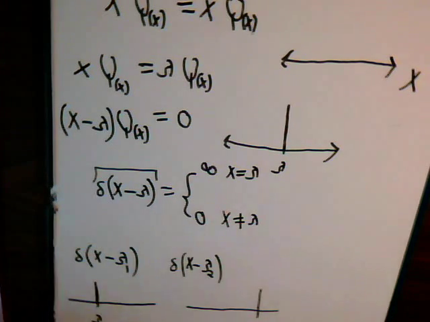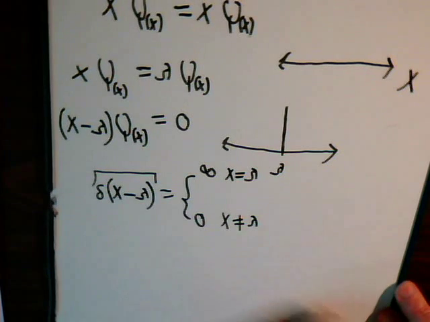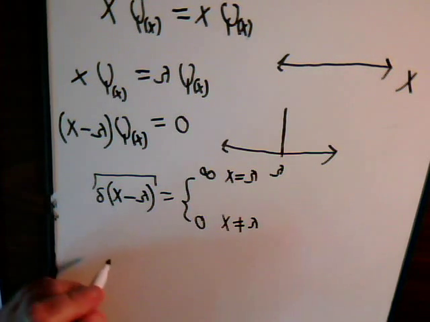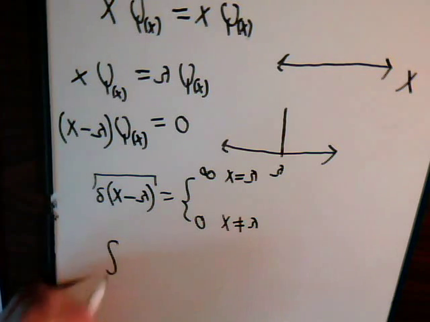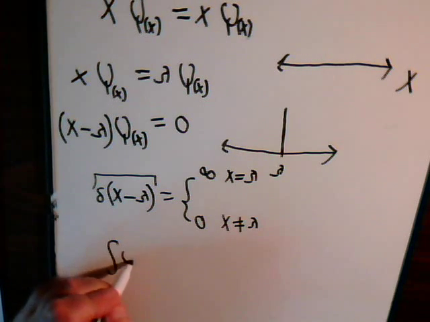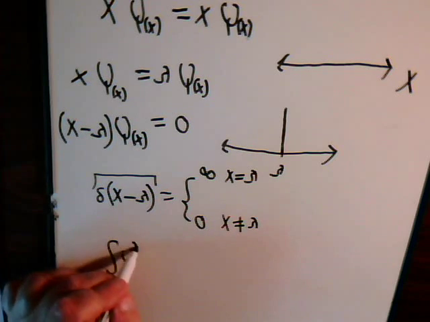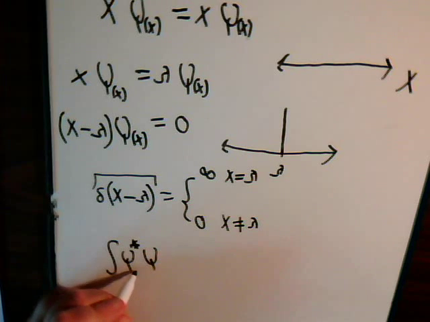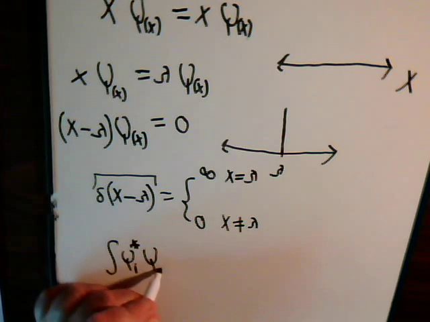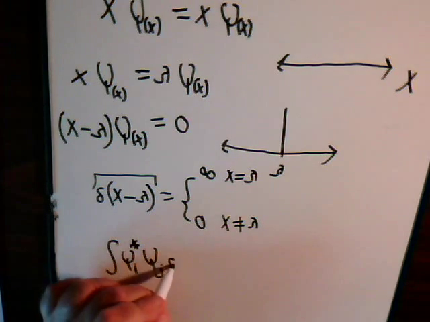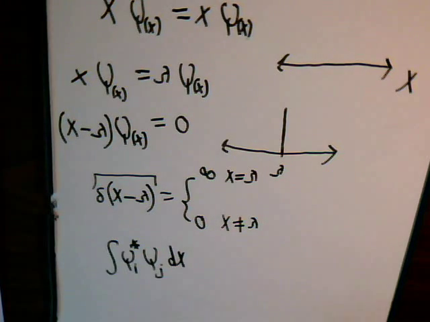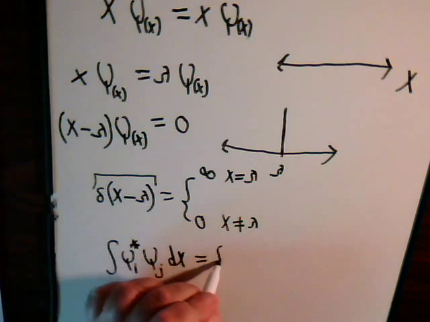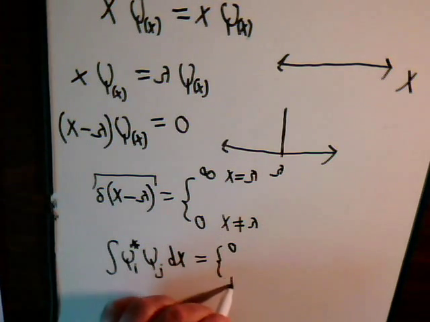What it means is that when we take the integral of two orthogonal functions, just say i and j, dx, it equals 0 or 1.